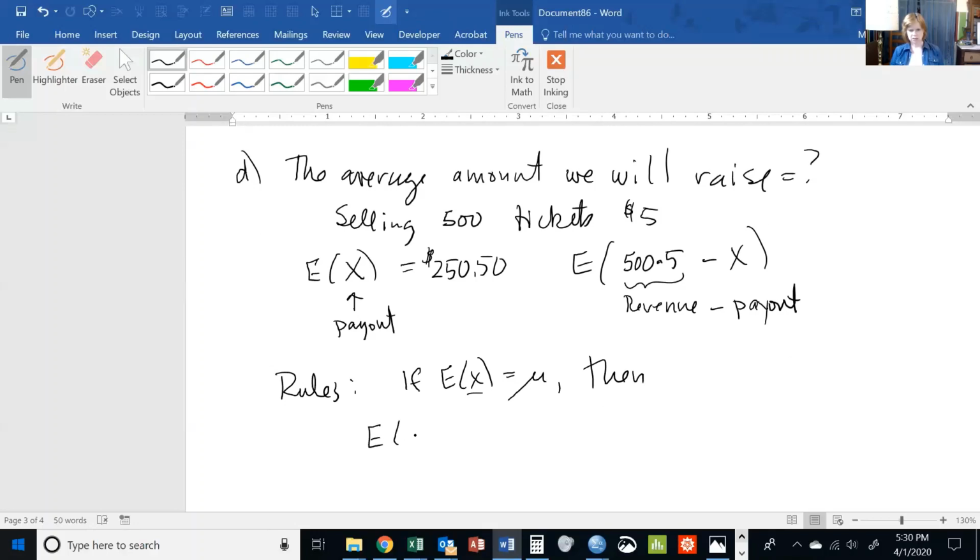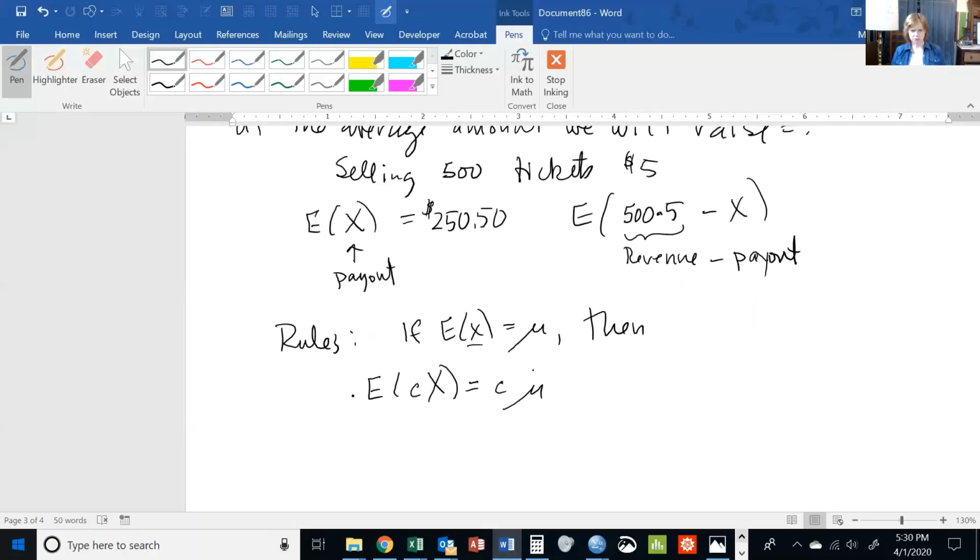If I take a constant times my random variable X, the expected value is just the constant times the mean of X. And if I take X plus a constant, the expected value is just the average X plus the constant.